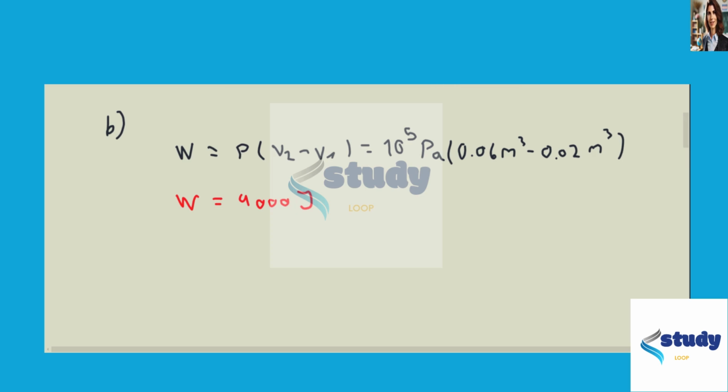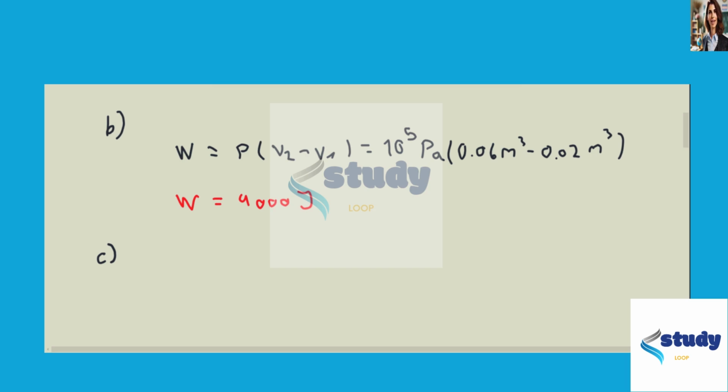And now for part C of the problem. Now the change in the volume is positive, so the work done also must be positive because the pressure changes with the volume. And we also know that the area under the curve is always equal to the work done by the gas.